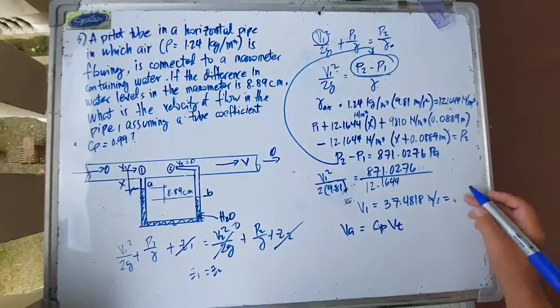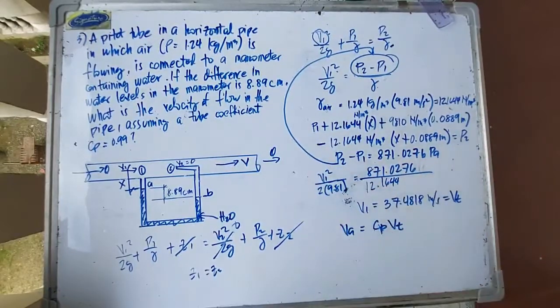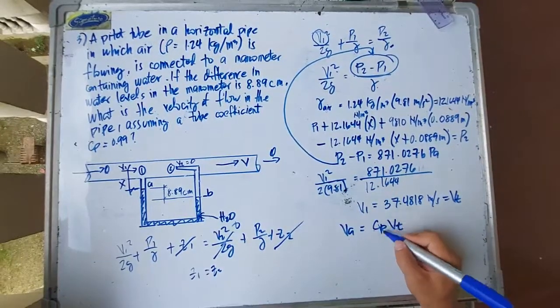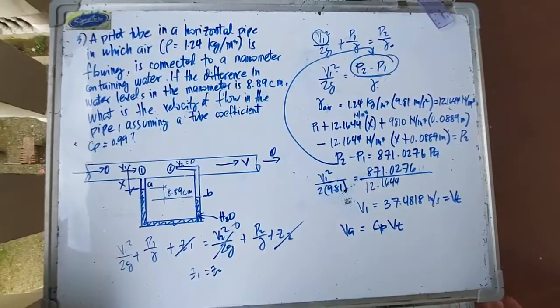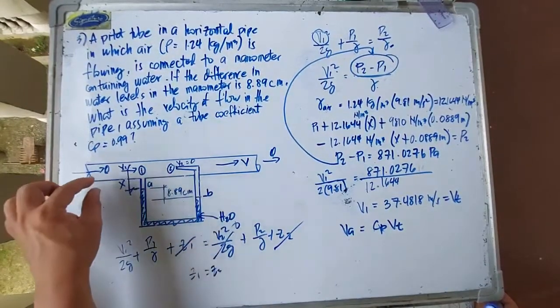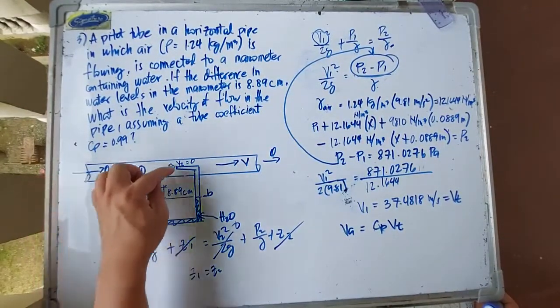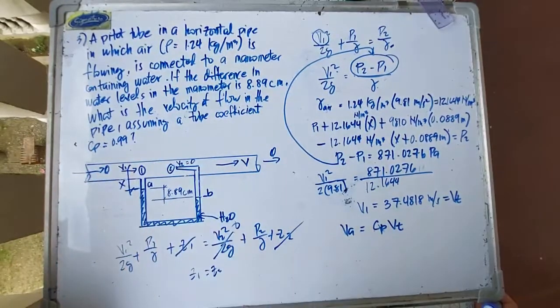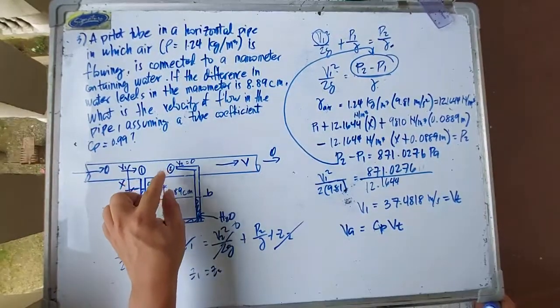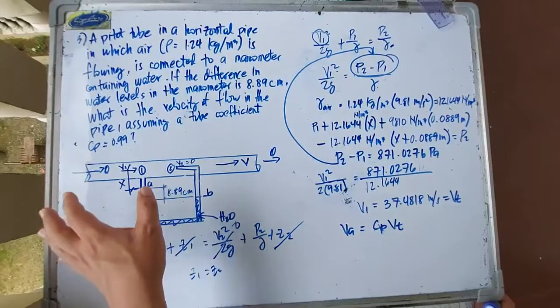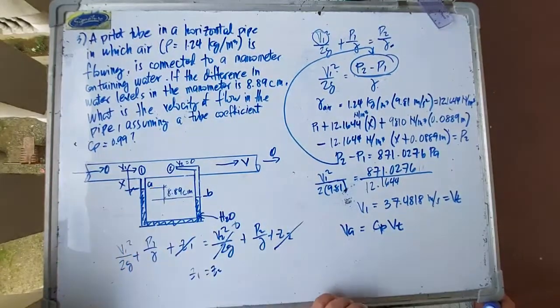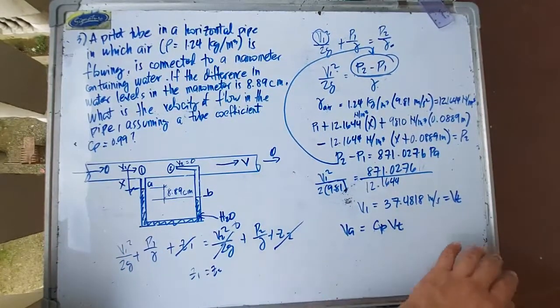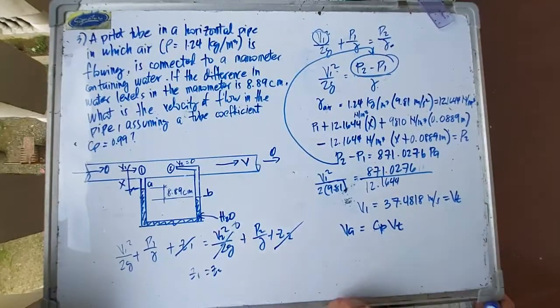This is the theoretical velocity inside the pipe. We have a coefficient because of loss of energy. When the liquid flows in here, we have a loss of energy, so what we solved as theoretical is not the actual velocity.